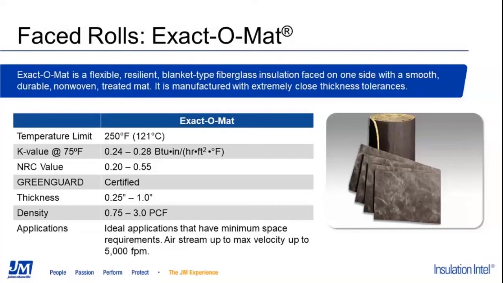To note, this product, X-Acto-Mat, is GreenGuard certified. And again, notice that it is designed for narrow cavities within the HVAC equipment. So available in thicknesses from 1/4 inch up to 1 inch, and densities ranging from 3/4 pound to 3 pound. X-Acto-Mat can withstand air velocities up to 5,000 FPM.